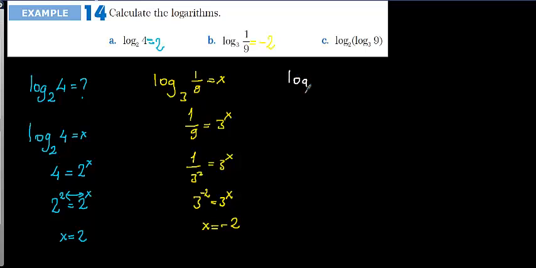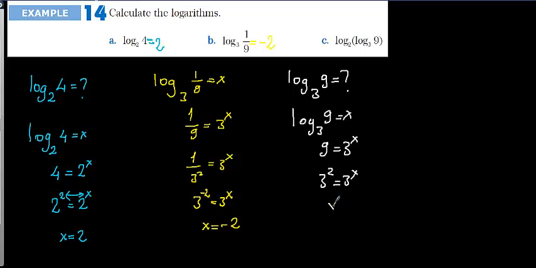Logarithm base 3 of 9 is equal to x, 9 is equal to 3 to the power of x, 3 squared is equal to 3 to the power of x, so x becomes equal to 2.